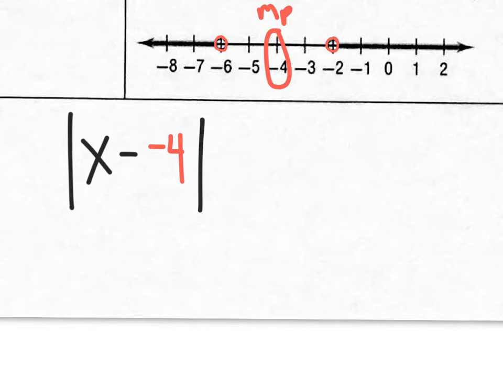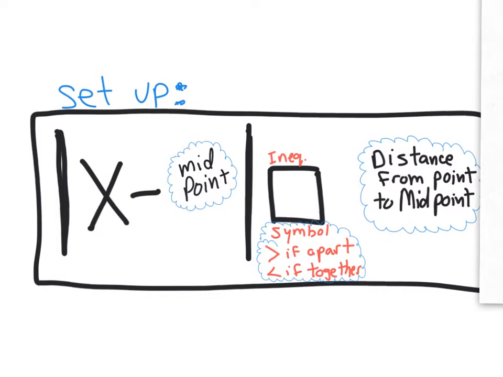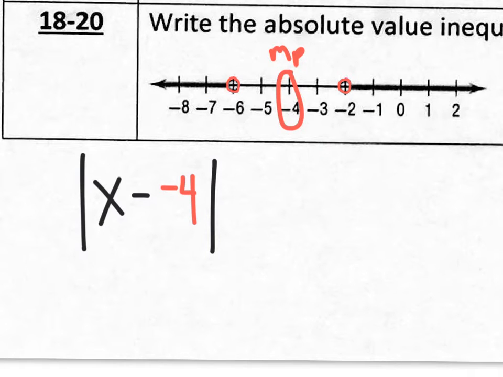And then what else does it say? Let's go back to the notes just to see. So we already have x minus the midpoint. Now right here we're going to get the inequality, and again it's a greater than if the areas are apart. It's less than if the areas are together. So back here, are the areas apart or together?